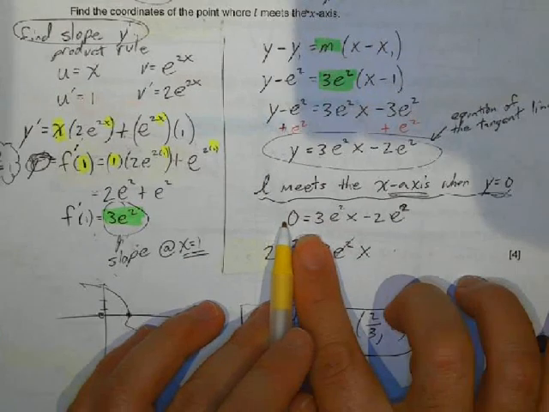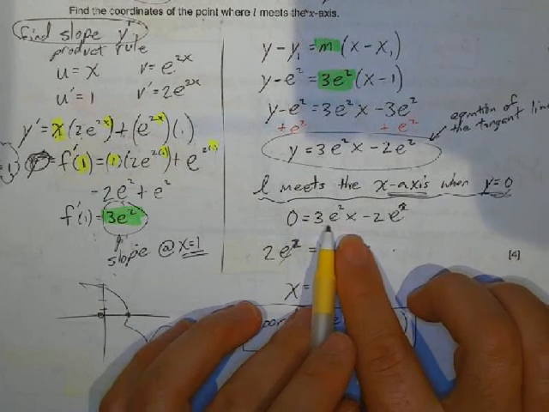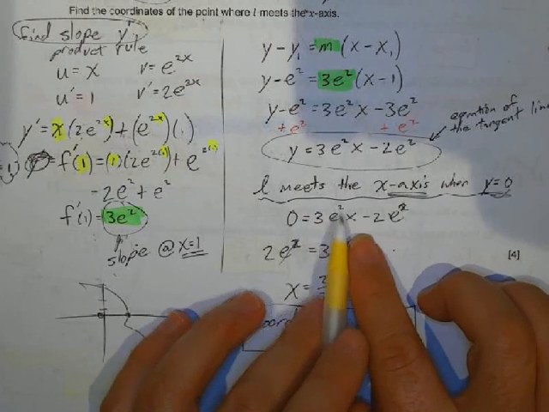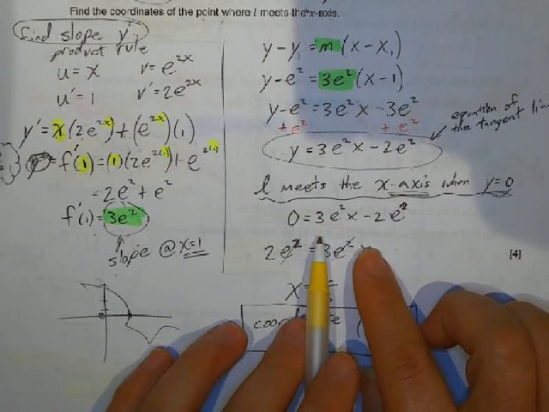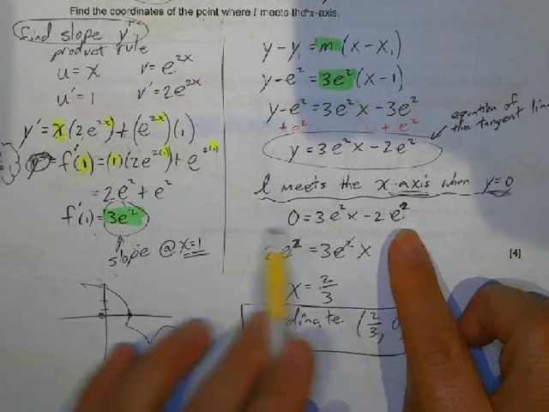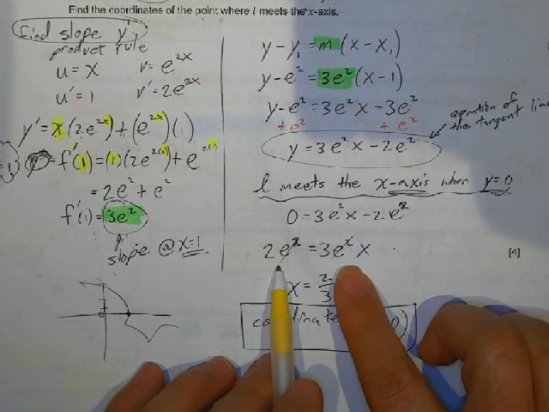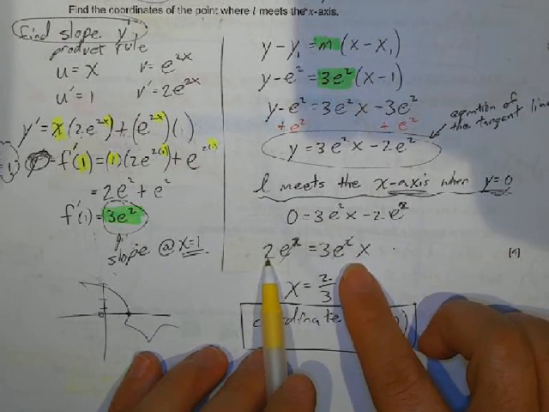Okay, so now I've got 0 equals 3e squared x minus 2e squared. So I can add 2e squared on both sides, and I get this. I can cancel out e squared on both sides, and then I get 2 equals 3x.